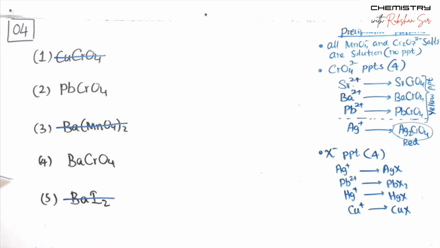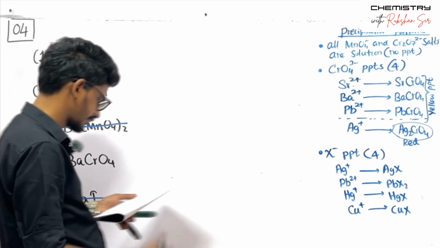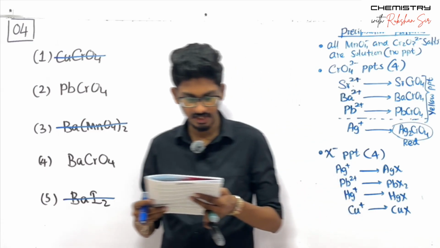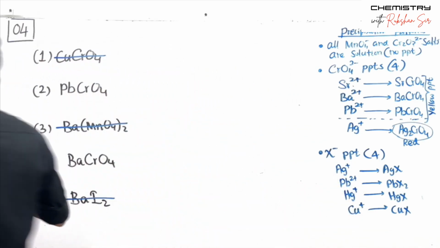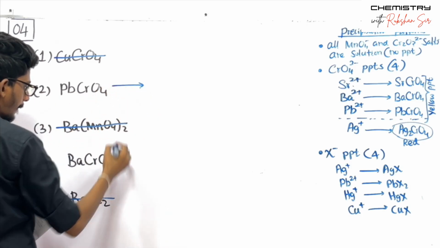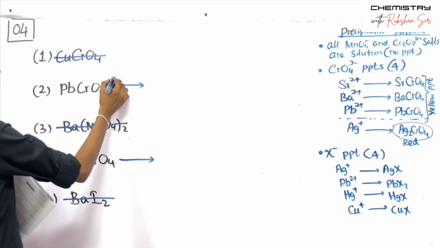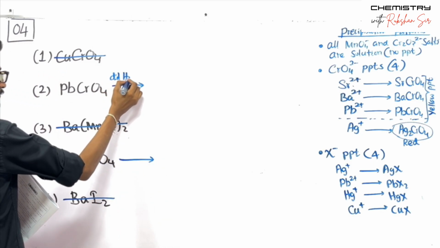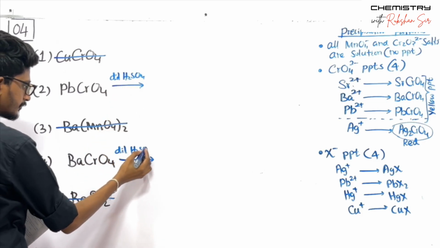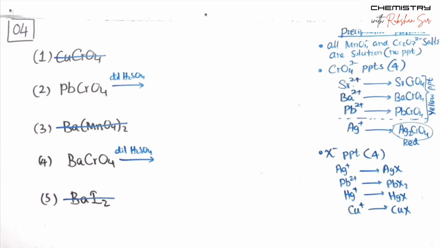Okay. Next statement. X dissolves in dilute acid to form an orange color solution. Orange color solution. See? Dil H2SO4. What will happen?